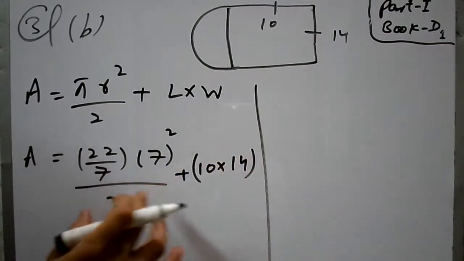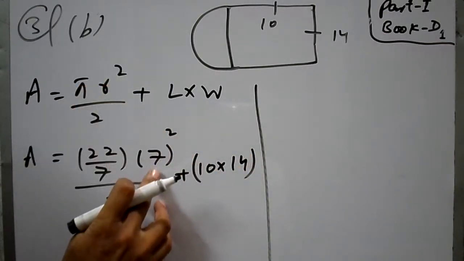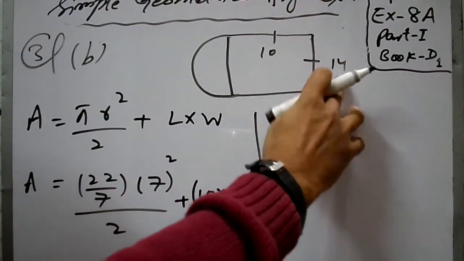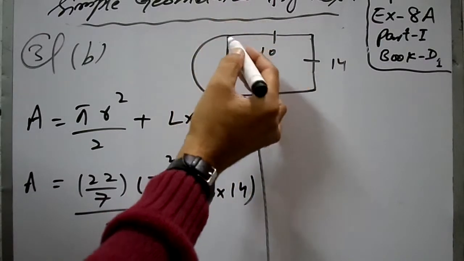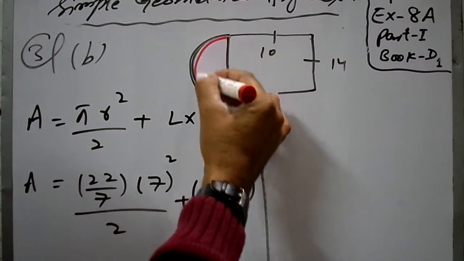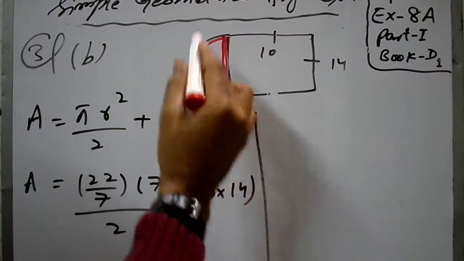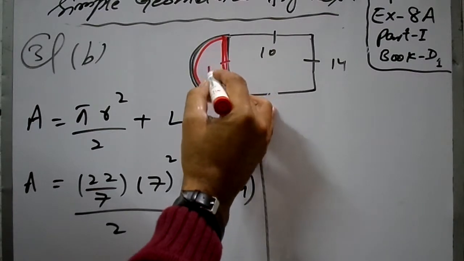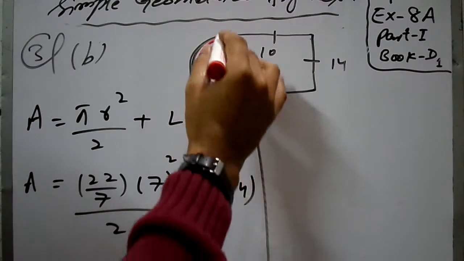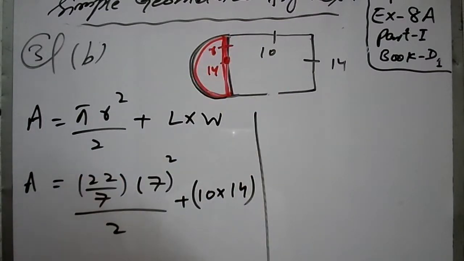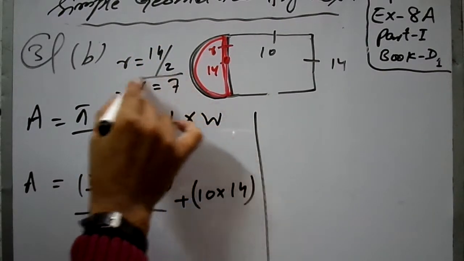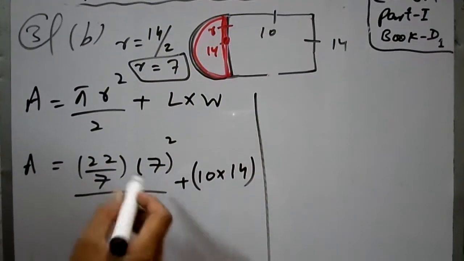It should be noted that the value of r is 7, because this is a semicircle. Here you can see it is 14, but you need only up to this distance, that is r. So 14 divided by 2 gives r. So the value of r is 7. So from the figure, that's why I used 7 here.